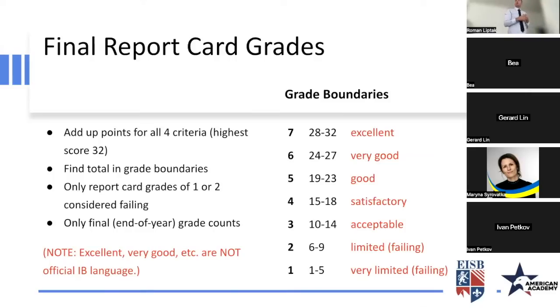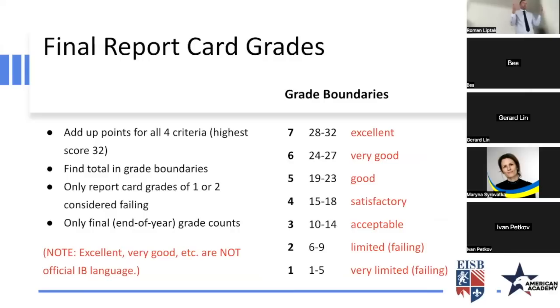We don't use the terminology in IB specifically: excellent, very good, good, satisfactory, acceptable. It's just for your imagination, so you can compare it to different grading systems to make it more understandable.